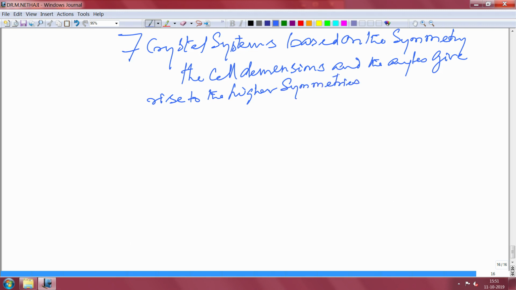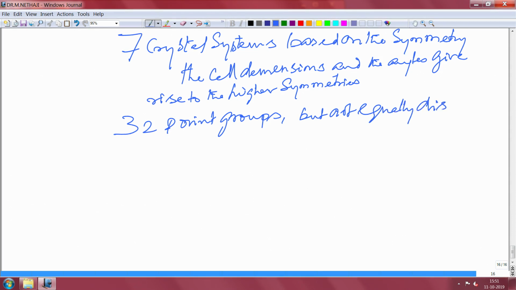Based on that it can be classified into 32 point groups. But not equally distributed. Now, let us start with the triclinic.